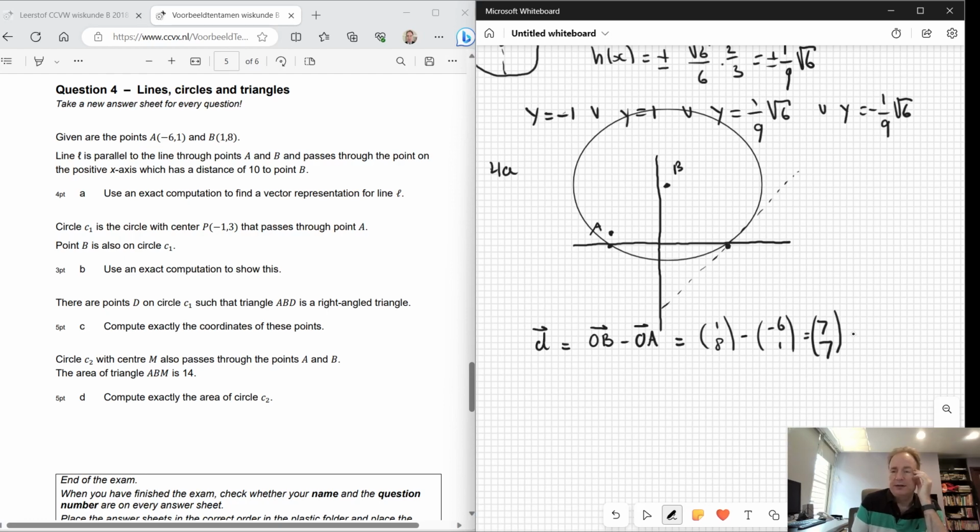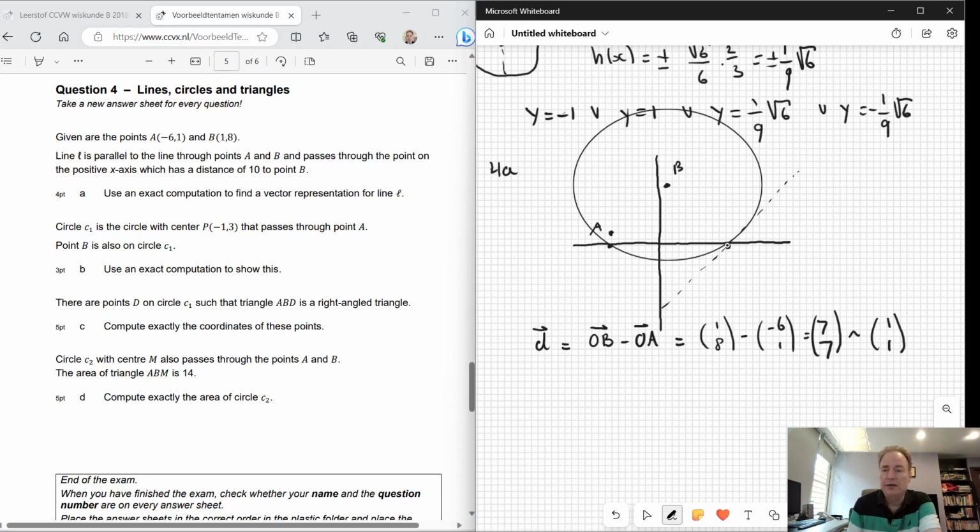As a direction vector, this is actually proportional to 1, 1. So 1, 1 is also a valid direction vector. The direction vector only tells you the direction; the length of it is not important. So let's take 1, 1 as the direction vector.